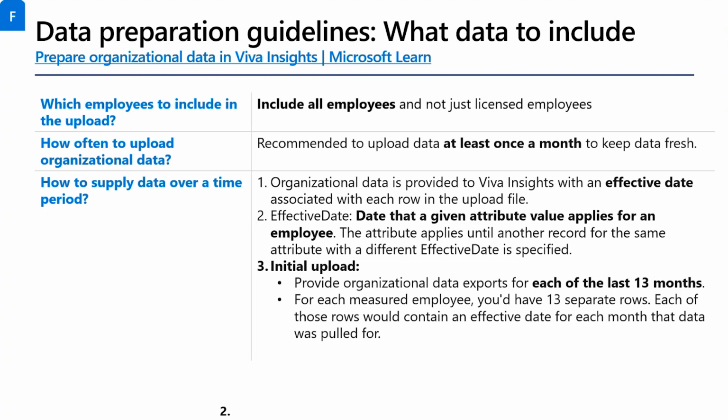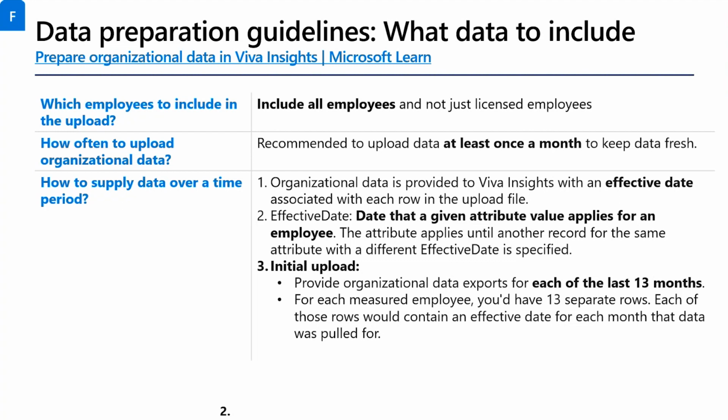So, I'm just going to put an example here: if you have users that have moved to different parts of the organization for each of those 13 months, then your data file will have, for that specific user, 13 rows, one for each month. And for each of those changes, there will be an effective date. So if they were in marketing in January and moved to finance in February, there will be one row that has the user with the marketing team and the effective date.